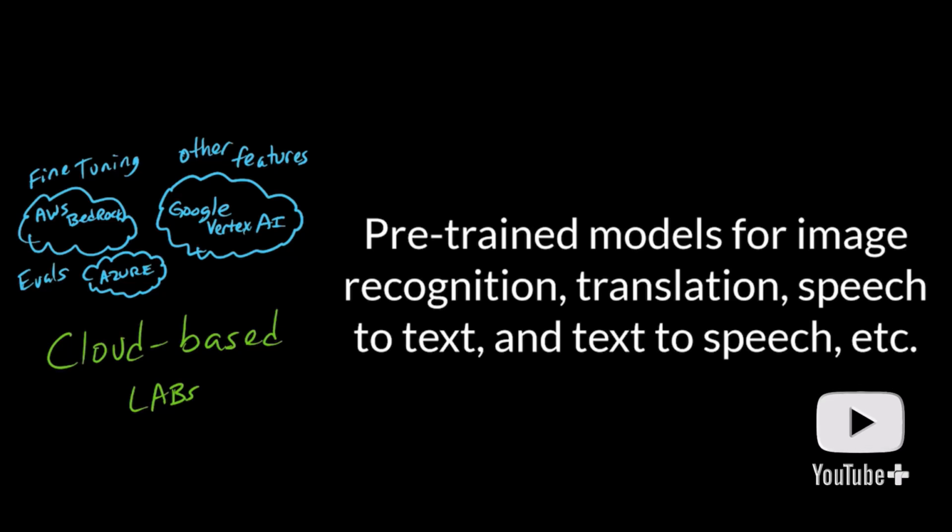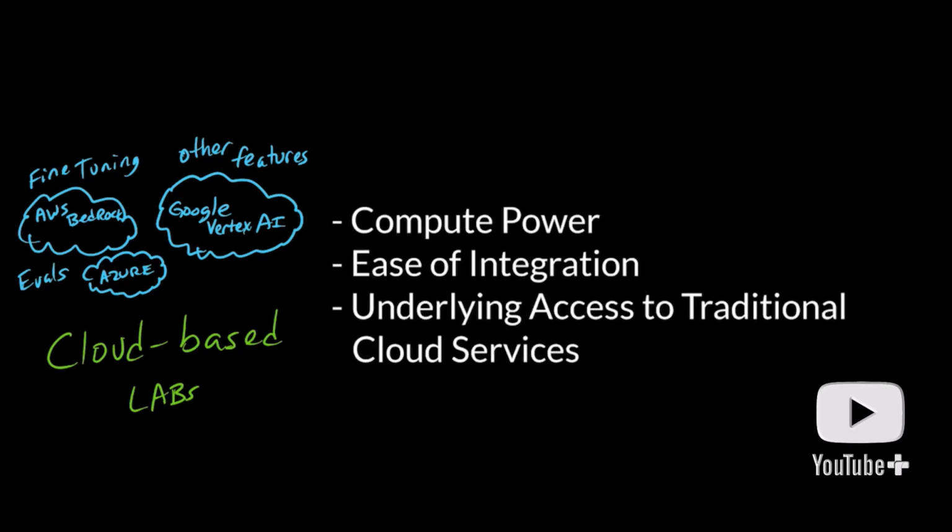So some of the advantages of the clouds, of course, is the compute power, the ease of integration. A lot of these, of course, they provide cloud services like storage, like S3 buckets, or analytics tools, and things that you can incorporate within your AI deployment.